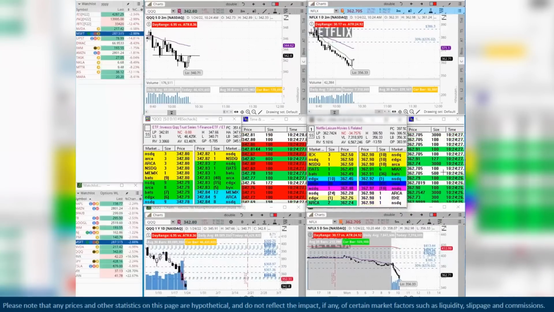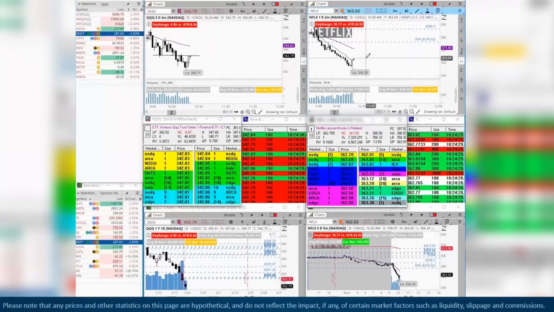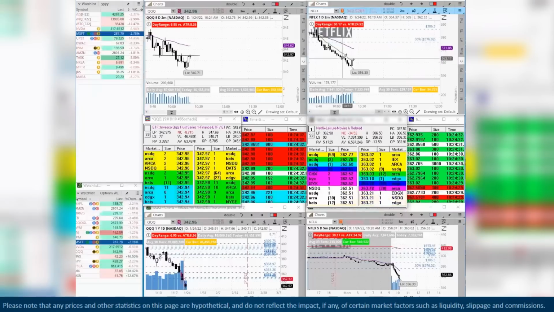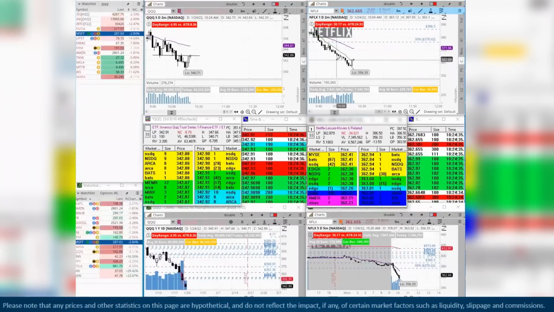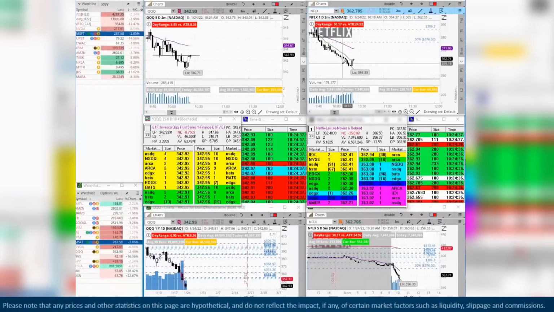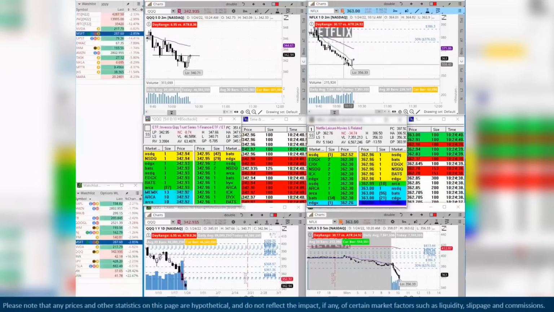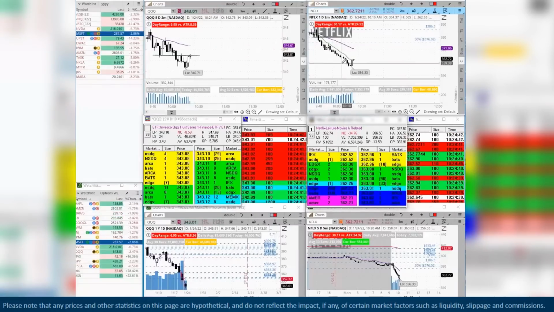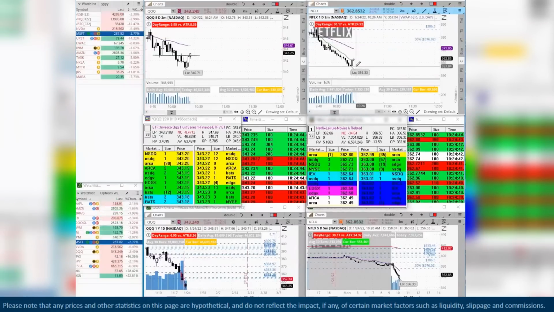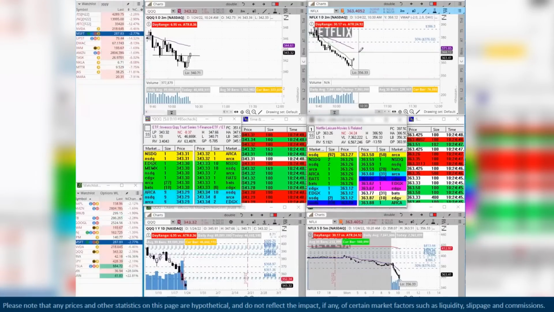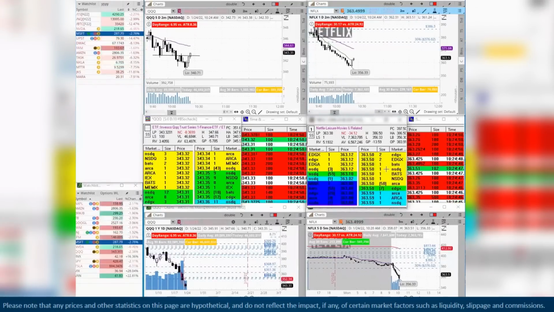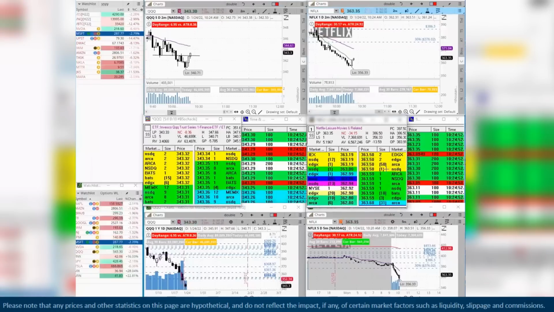Asks at 362.90s, lifted 363 for a second, and then dropped. At this point, you're what, $7 off the low? Yeah. So it's a decent bounce, right? Honestly, going into the trade, this is about what I was expecting, but in a lot shorter period of time.